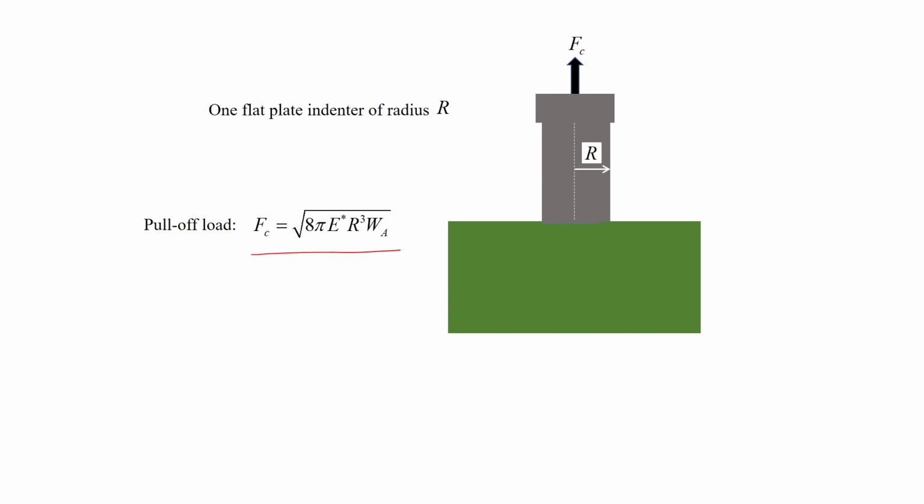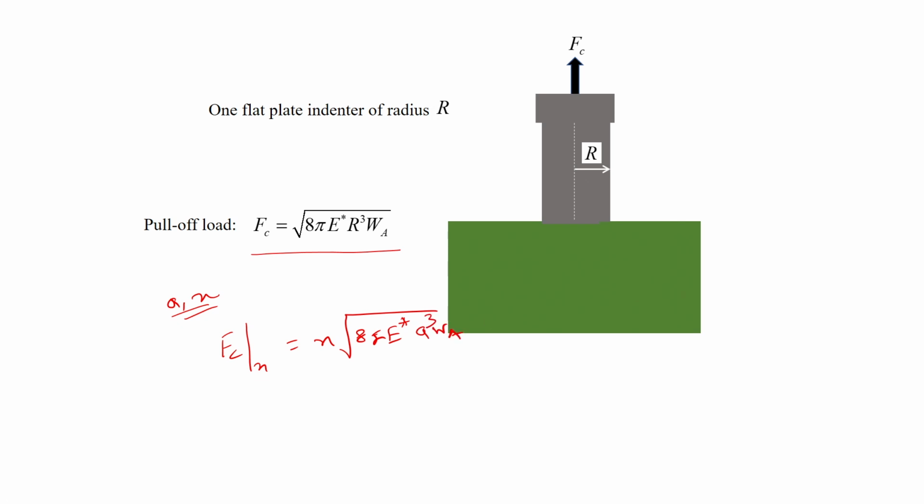Now suppose the indenter radius is a, and there are n number of indenters. Then Fc will be equal to n into the square root of 8 pi E star, and instead of R we will have the small a, so a cube W a, like that.